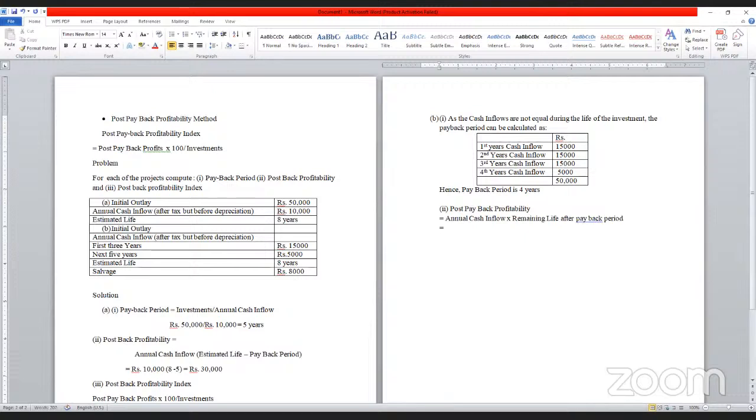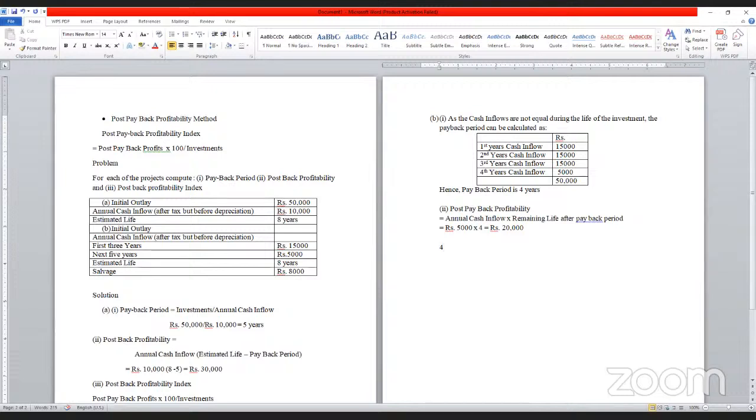So how will we calculate this? Annual cash inflow is 5,000 into the remaining years, 4 years. So that will be rupees 20,000.